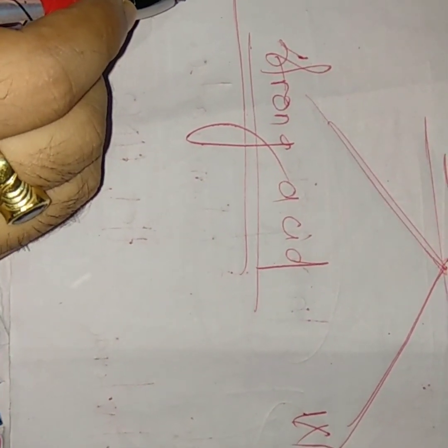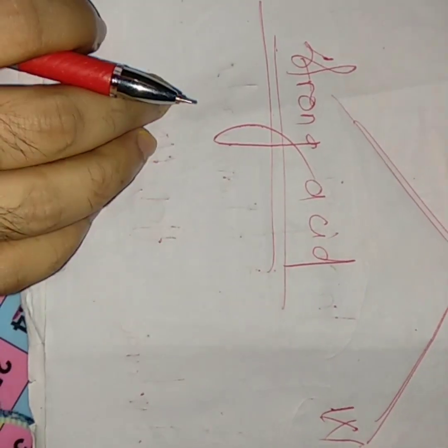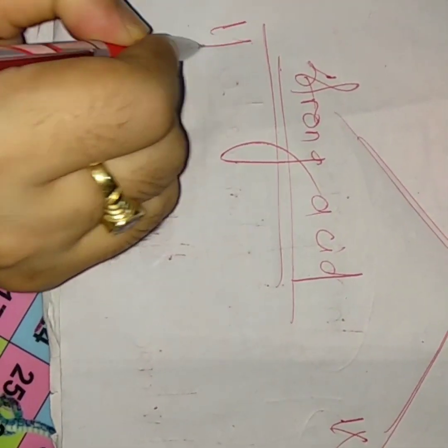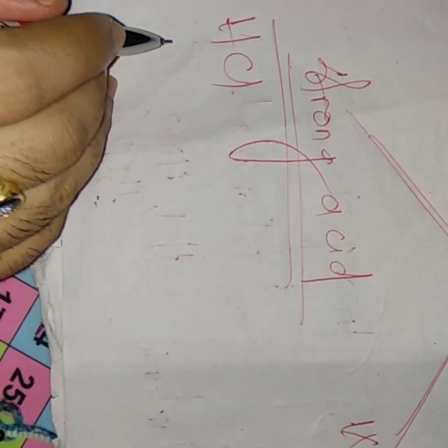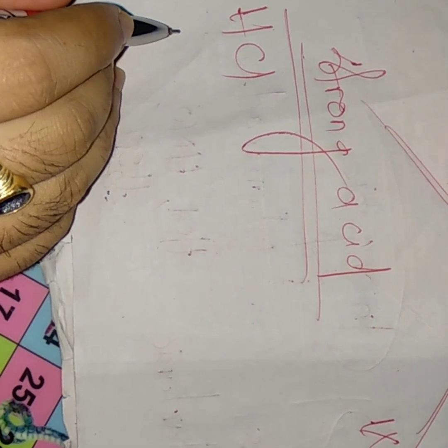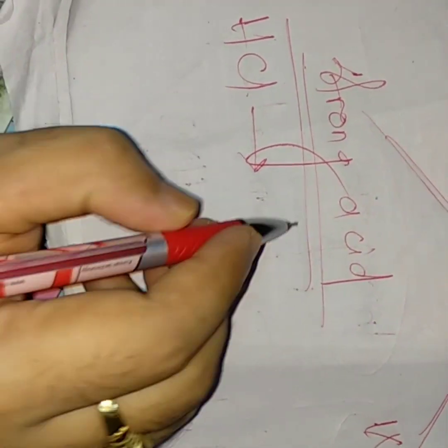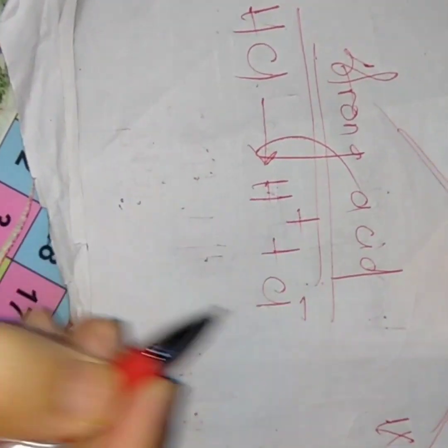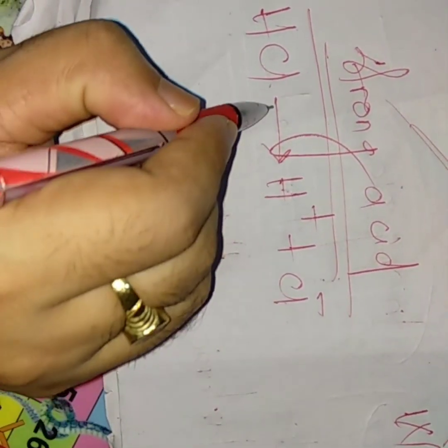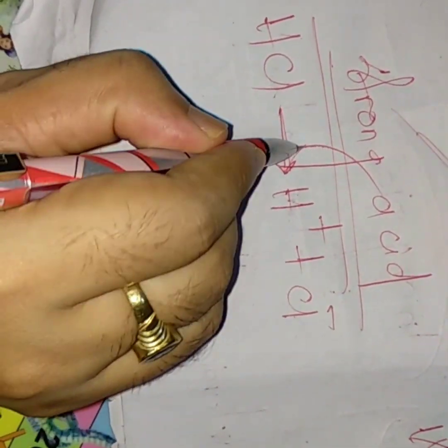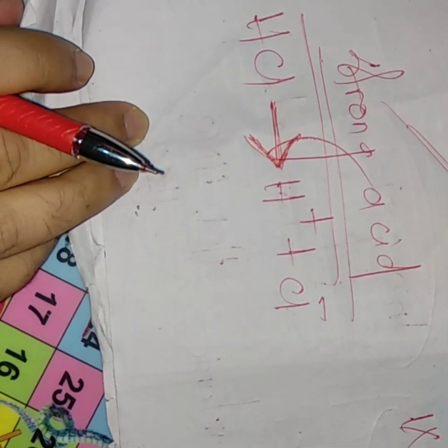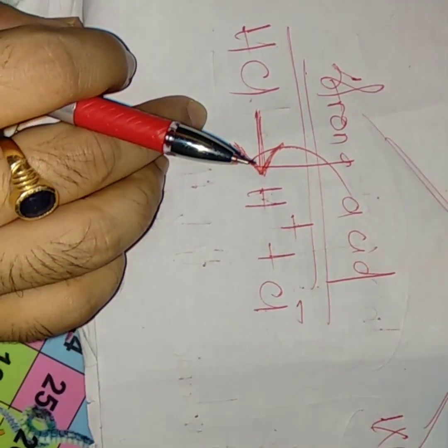If that acid completely dissociates, that acid will be known as your strong acid. Suppose I am adding a few drops of hydrochloric acid in water. Then what happens? It completely dissociates into H positive ion and Cl negative ion. This single arrow mark represents complete dissociation of ions. So that's why this is known as your strong acid.